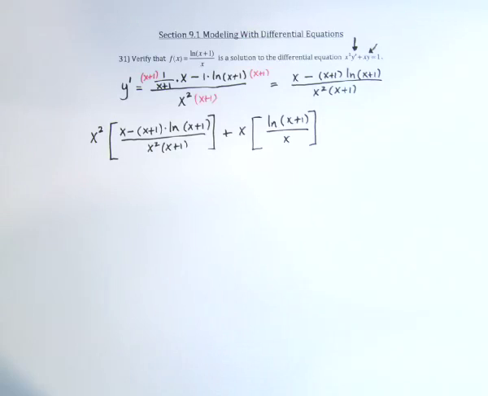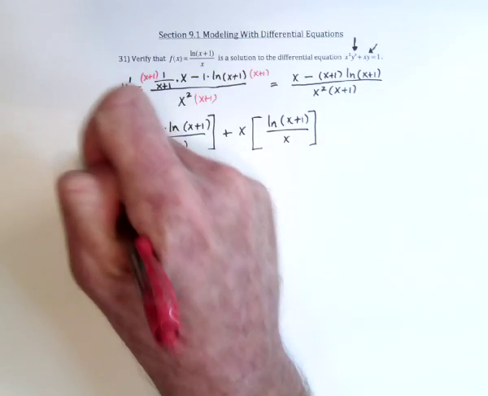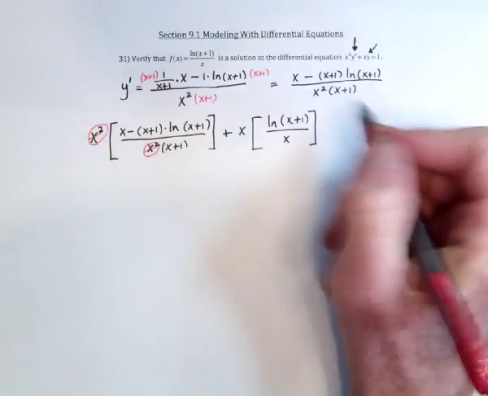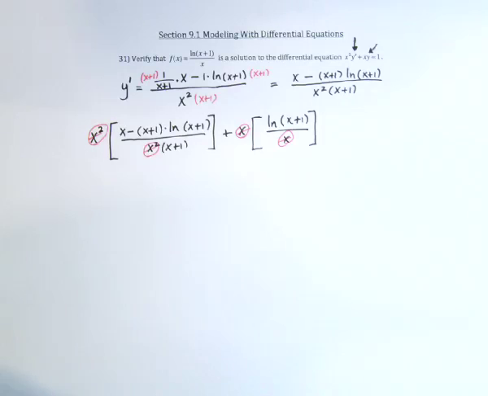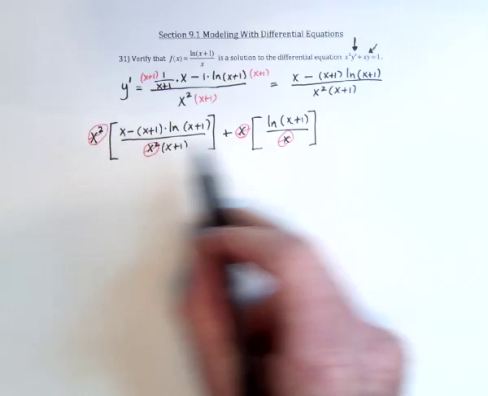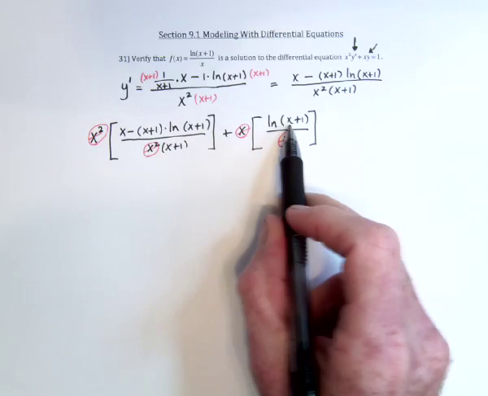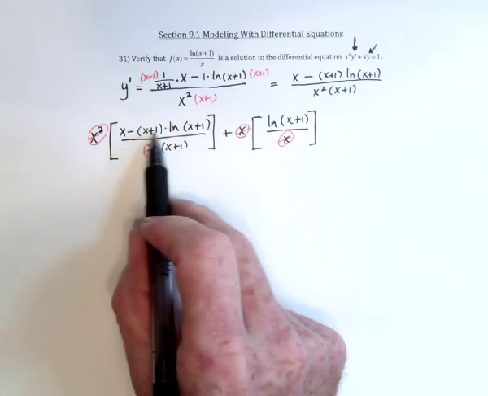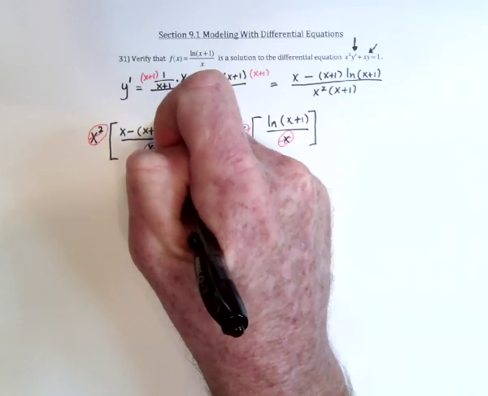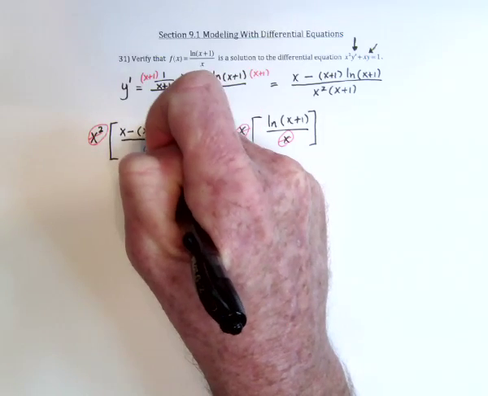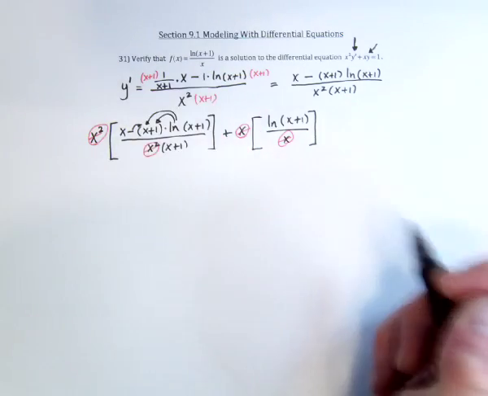Well, let's see. We can have x squared cancel x squared, and we can have an x cancel an x. And this has natural log of x plus 1, so does this, but right now it's tied up with this x plus 1. So I'm going to go ahead and distribute this natural log and distribute the negative.